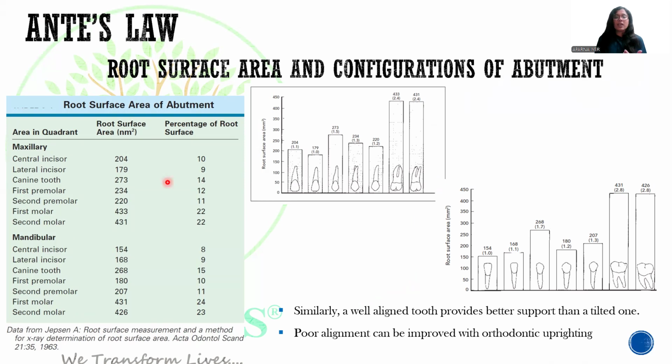Now, this is not the case if the tooth is tilted, if it is drifted, or if there is any alignment issue, or if there is any kind of gingival recession wherein there is loss of bone support. In such situations, you need to consider alternate abutments, using secondary abutments or using a double abutment. Okay.